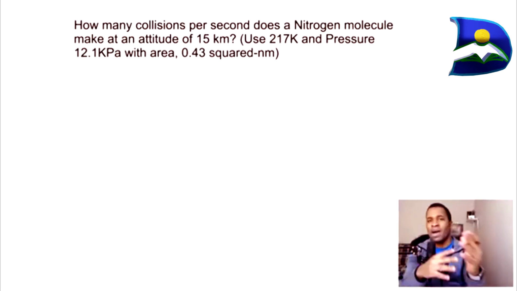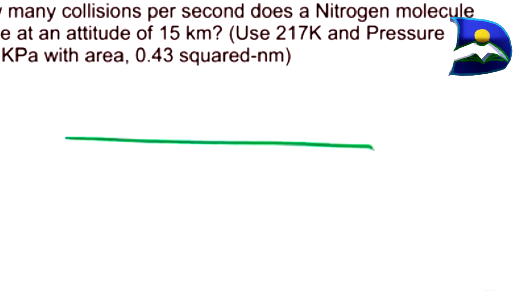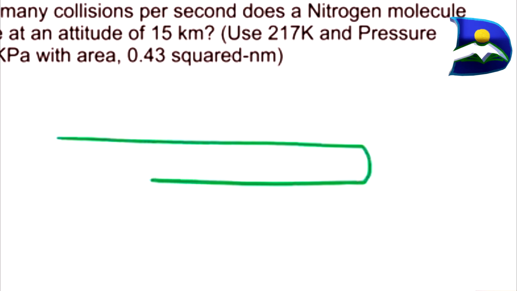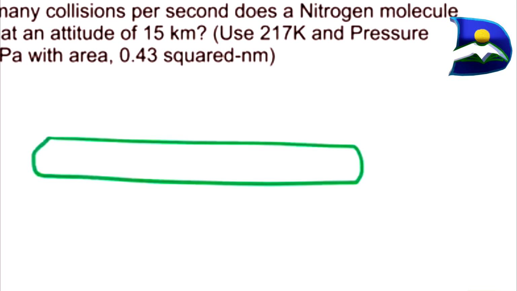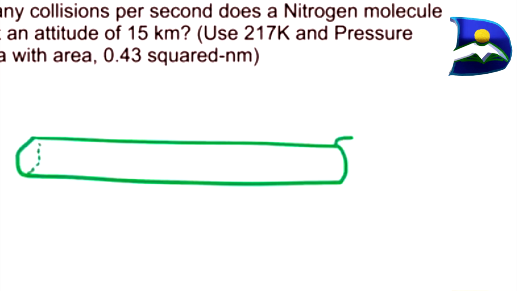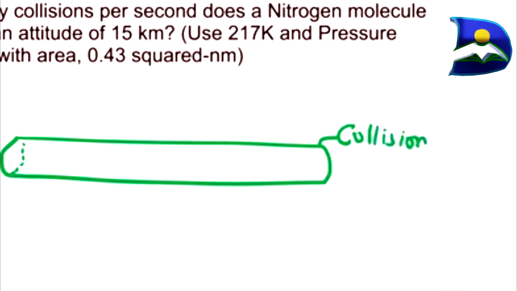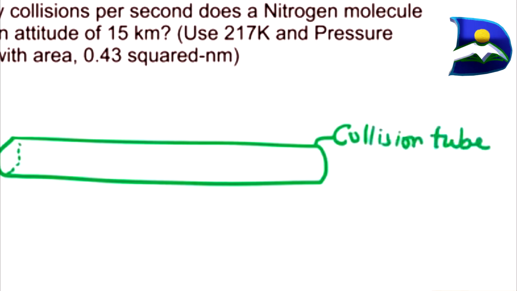So we need to go back to the basics, which involves looking at a specific tube which we're going to put in a particular condition, in this case 15 kilometers in altitude. This collision tube will have various properties.